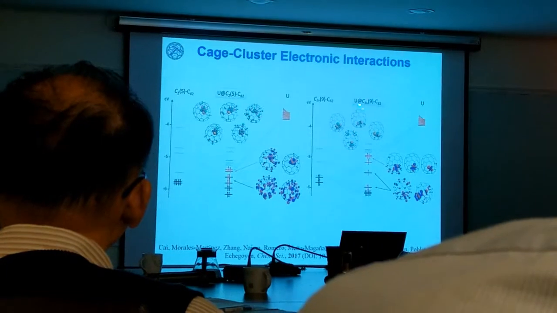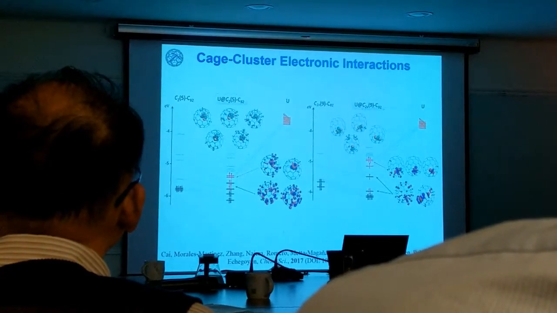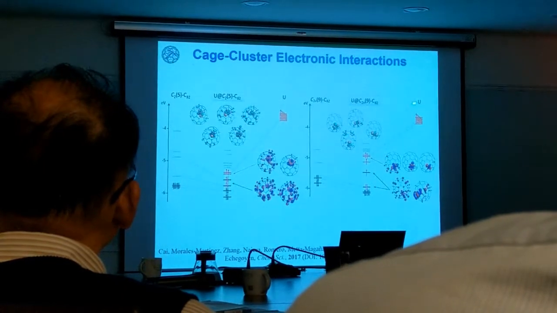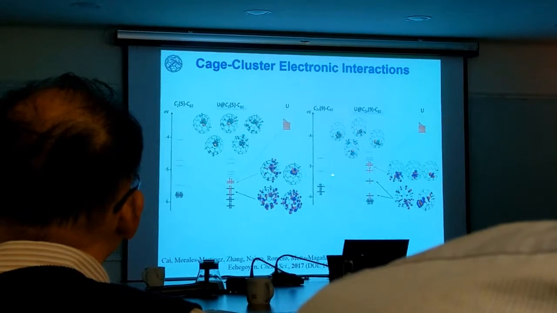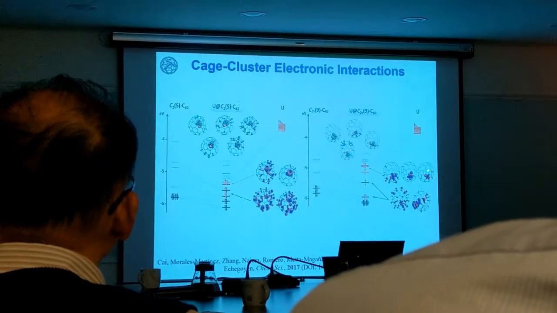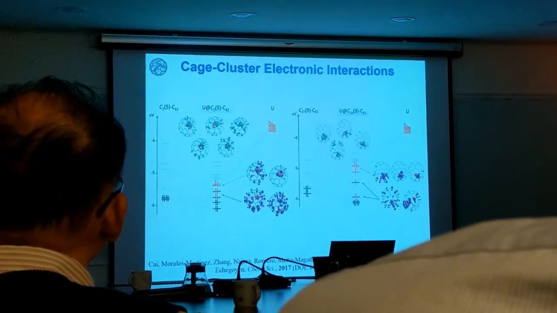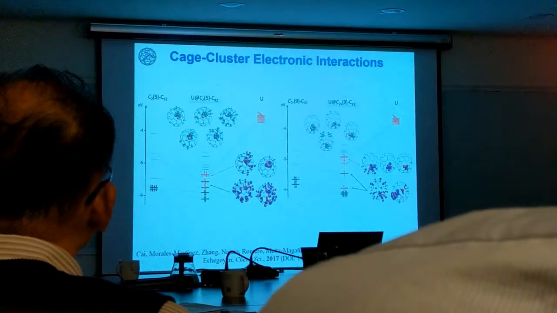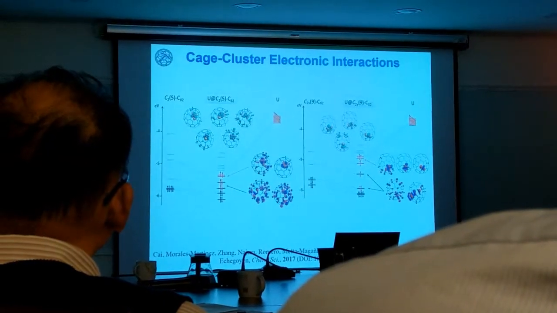However, the situation for this isomer, which is a C2V symmetric C82 cage with a single uranium inside, is different. Of the 6 electrons, you end up with 3 that are transferred to the cage, but you end up with 3 of them that are still localized, primarily on the uranium atom. The conclusion is that this one has undergone 3-electron transfer from the uranium.